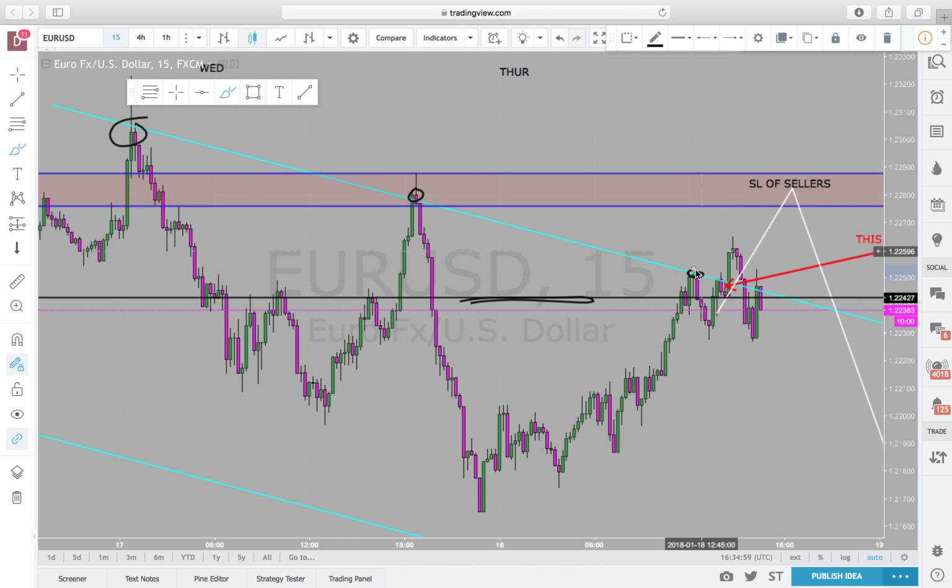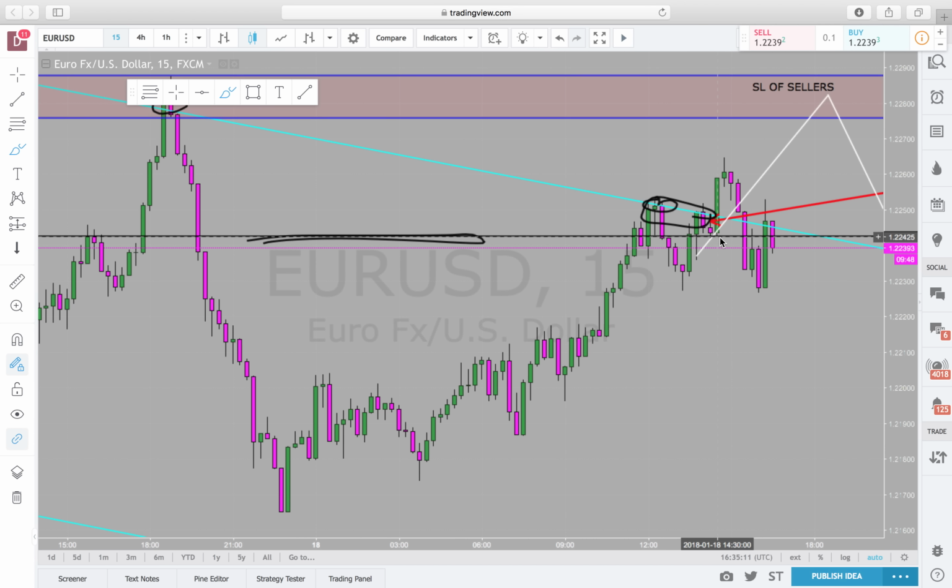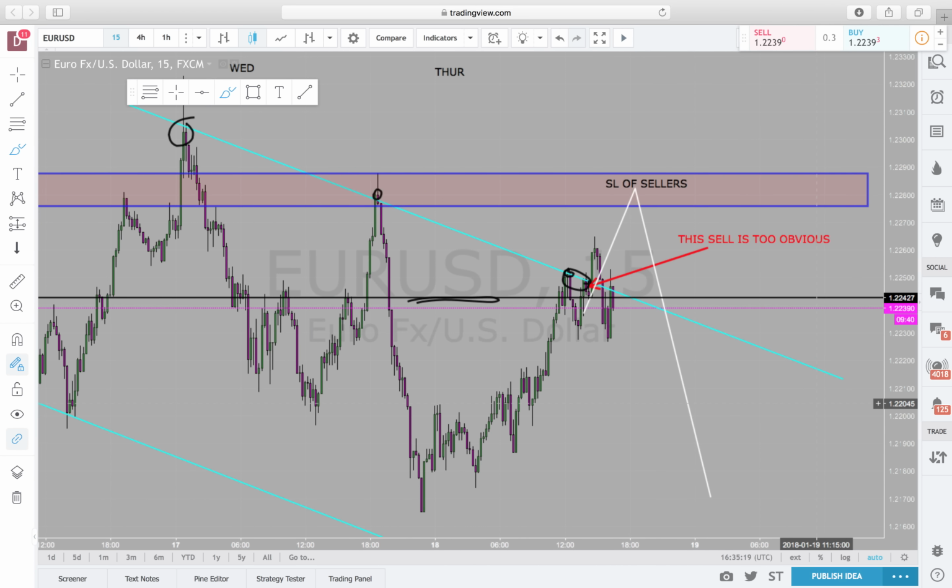It was pretty obvious here that they were just letting sellers in to give them more time to sell, to get that 1 or 2 candles and hit their stop losses. Now it may even come back up one more time, because they're giving the sellers a while to sell in here.